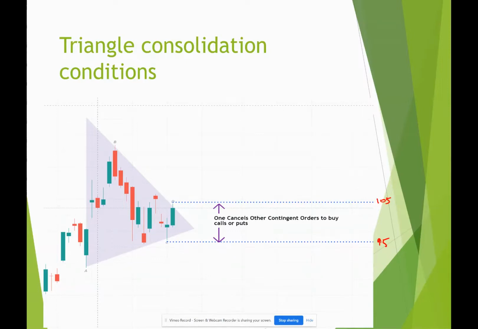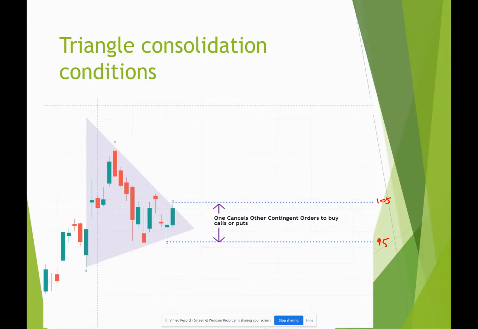By the way, this is Apple. So you place a contingent order to buy a call, whatever strike and expiry you're going to go for. Me personally, I like to go out about 45 days because sometimes it takes a little longer for these things to go, but that's just me. You can go earlier if you like. It depends on your trading style.